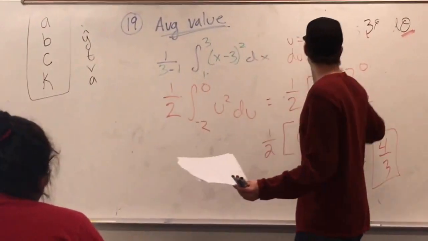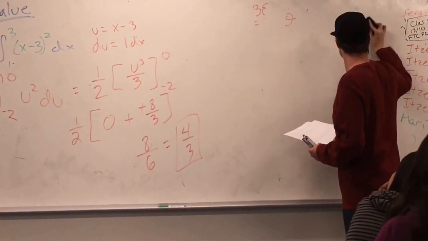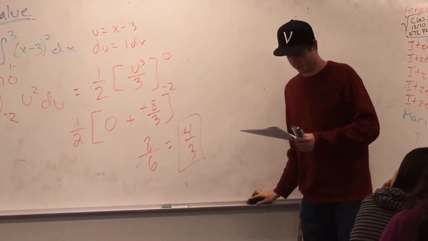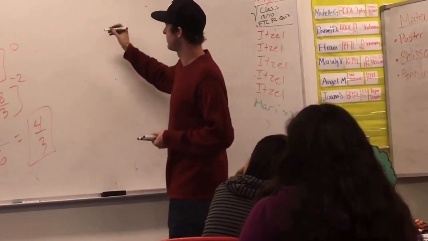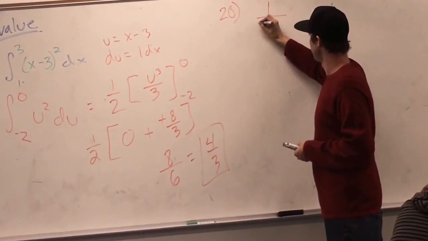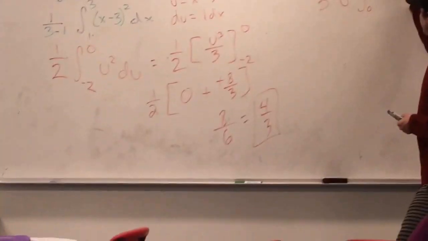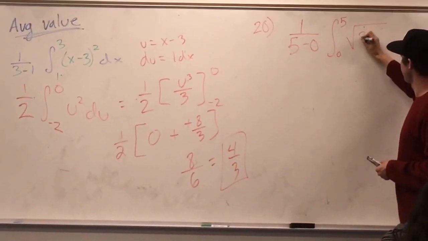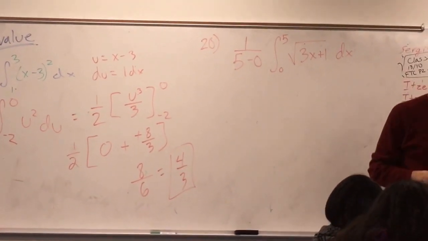Alright, the next one was also average value. It's the one that asked for the average value of radical 3x plus 1. So it's 1 over 5 minus 0, integral from 0 to 5 of radical 3x plus 1 dx.